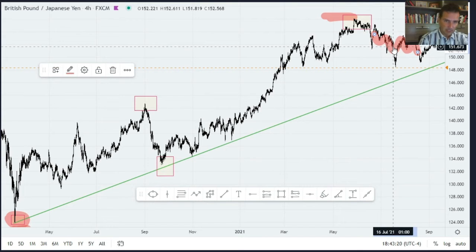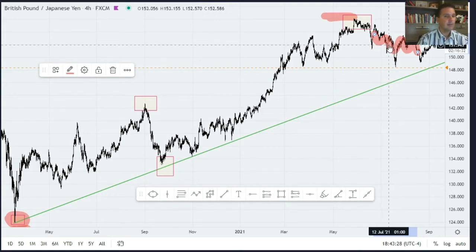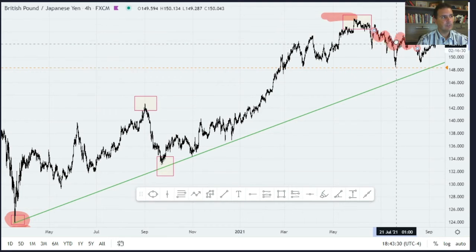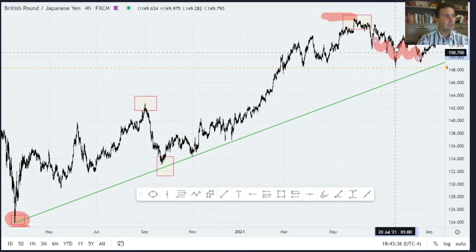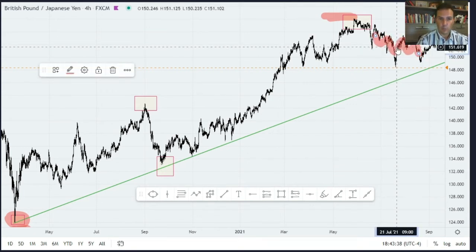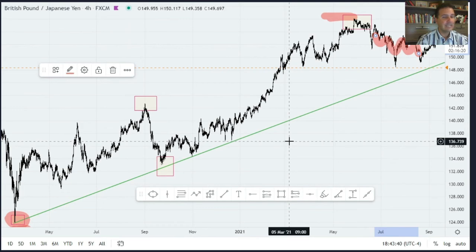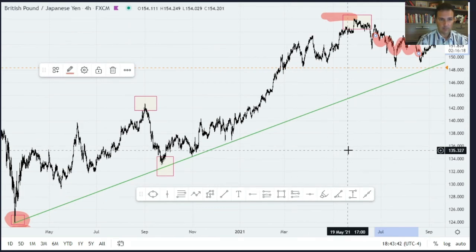Number 1, yes, those are highs and lows, lower highs. Yes, sir, yes, ma'am. And yes, this is a downtrend, but those highs and lows are not relevant for the uptrend line. Make sense?